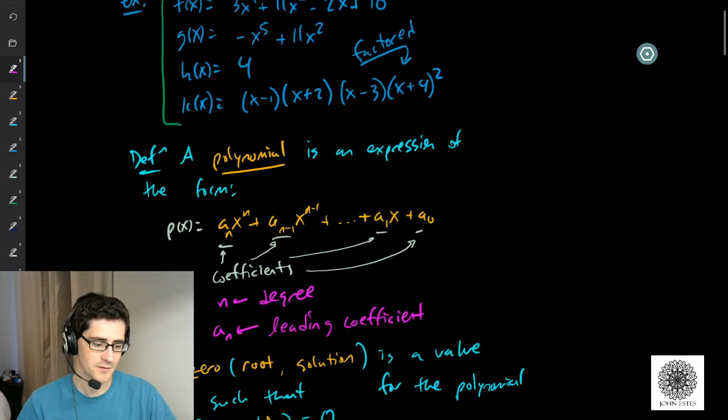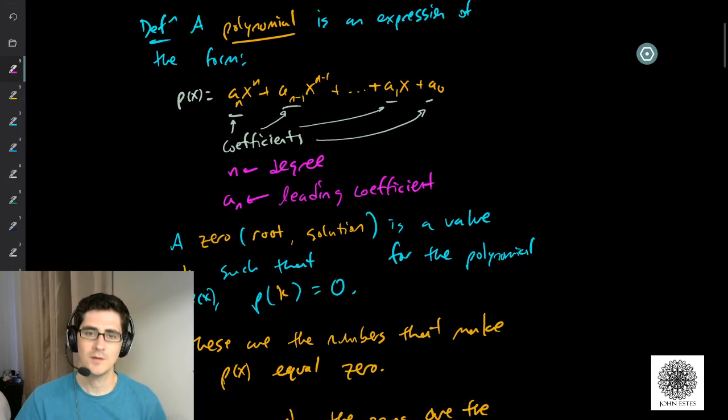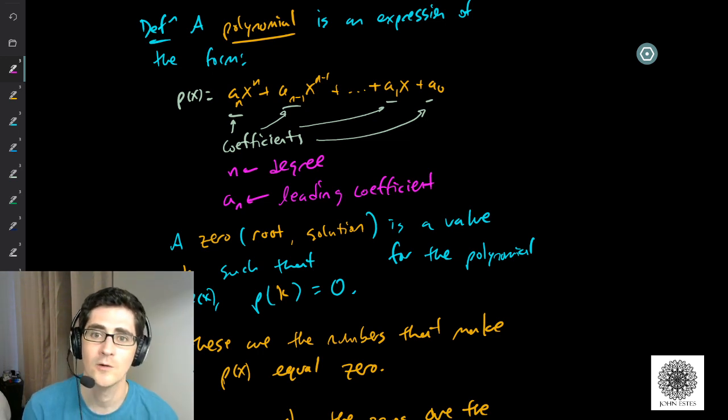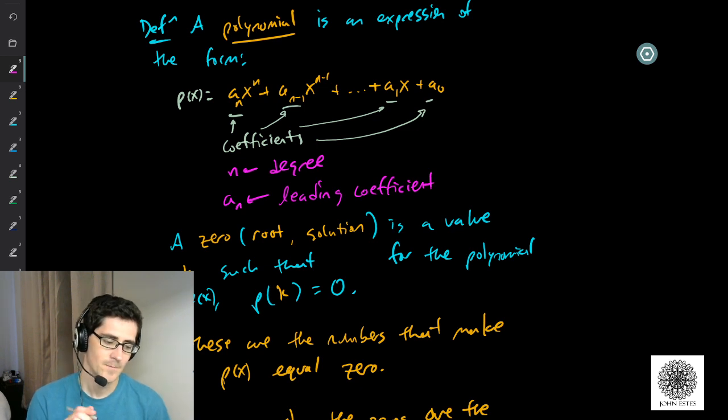Now here's a more formal definition of a polynomial. It's an expression of the form p of x, and we just write this out. The reason I have a sub n x to the n power plus a sub n minus 1 x to the n minus 1 power is that I can assign each coefficient a label that we call an index.